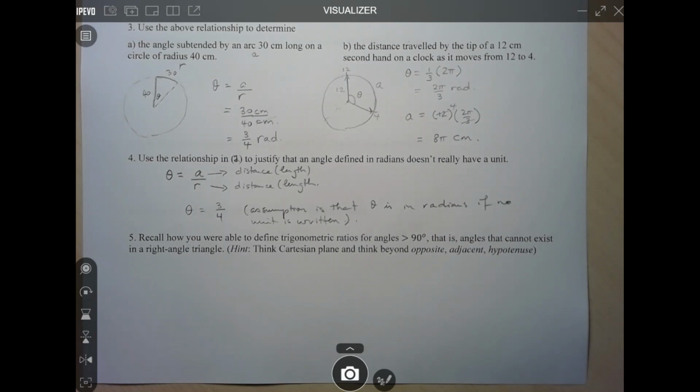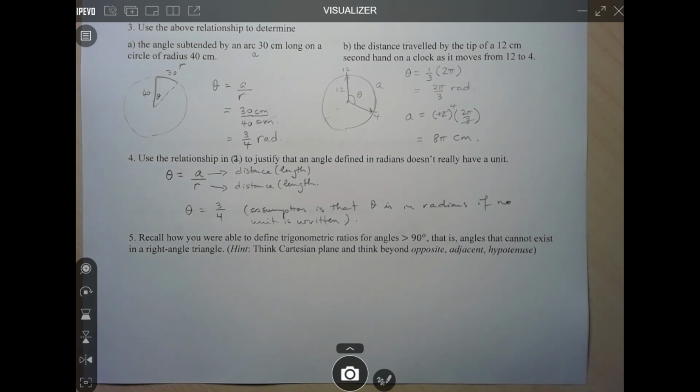All right. So we're now going to get into what I would say is more of the crux of this unit, and that's to work with angles. The first thing I want you to do is think about the trigonometric ratios: mainly sine, cosine, and tangent, but also cosecant, secant, and cotangent.